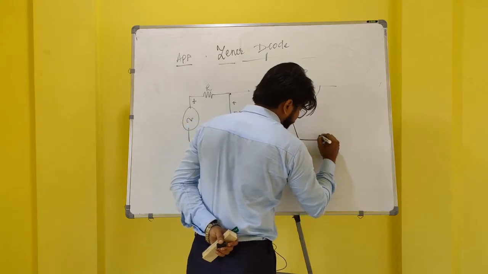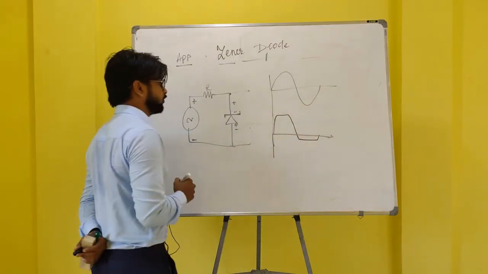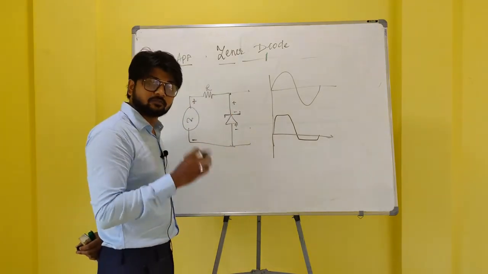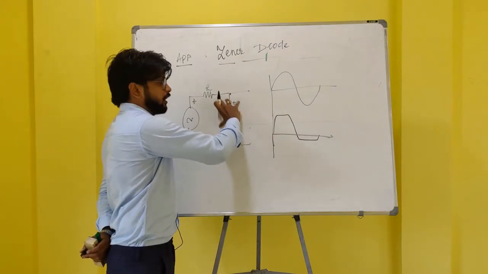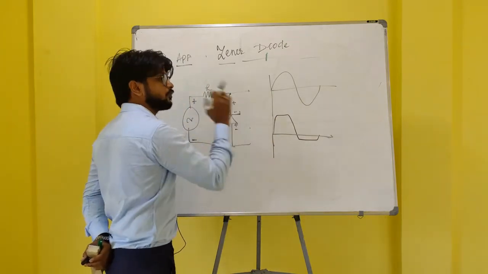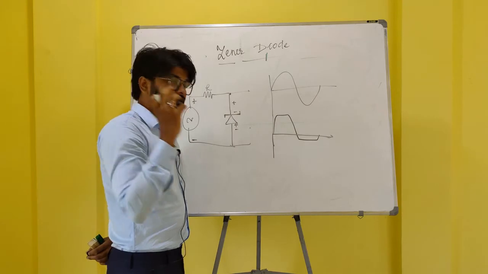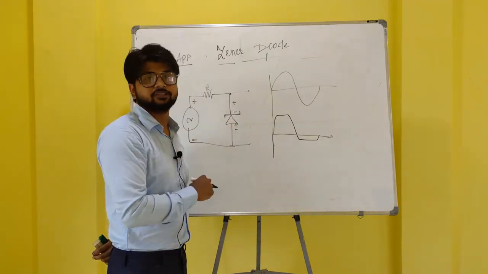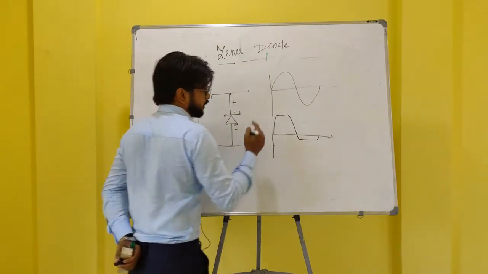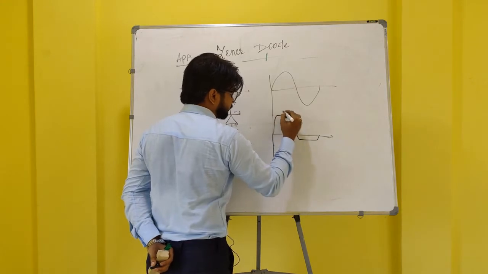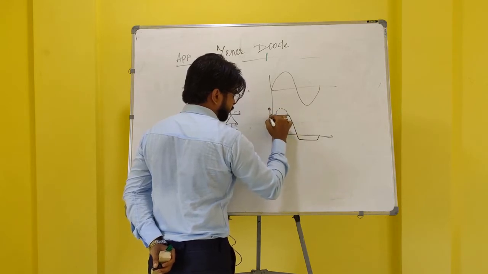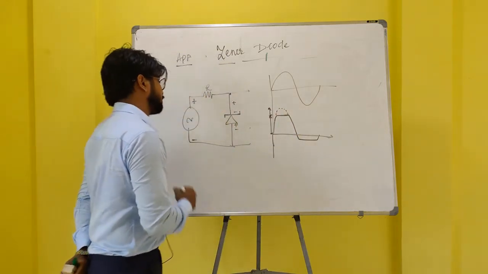If it were a normal diode, it would be an open circuit and the entire voltage would be passed. But as it is a Zener diode, a 4.3 volt voltage drop is experienced. So from this voltage, 4.3 volts is subtracted, and the rest of the voltage is present here. So this is the voltage which is passed.